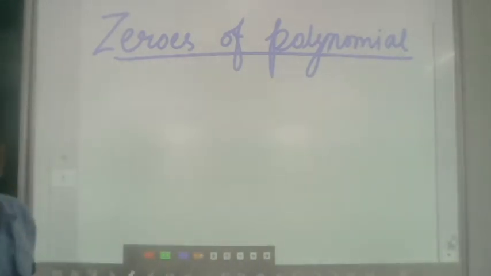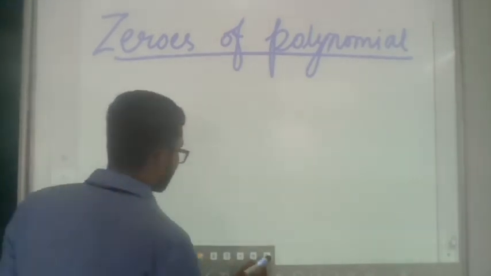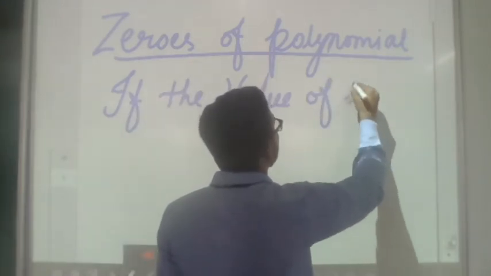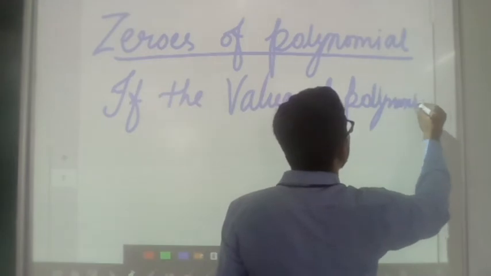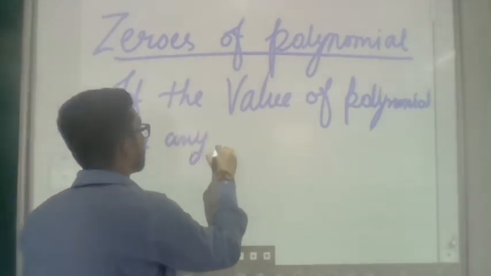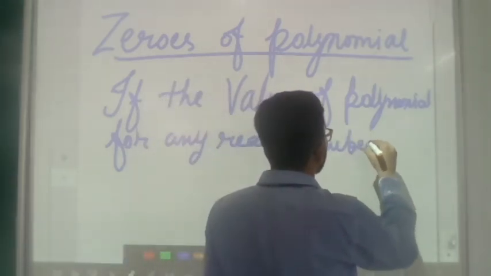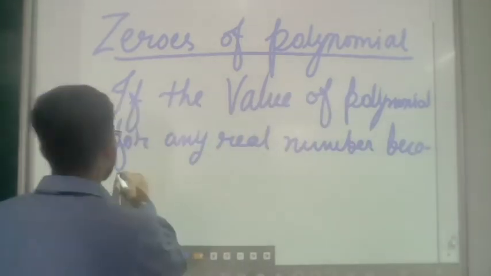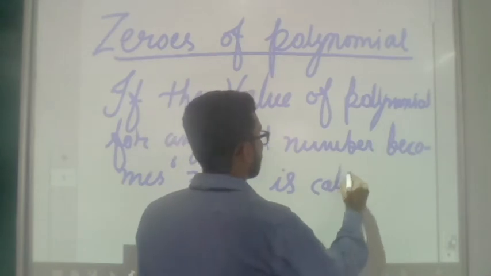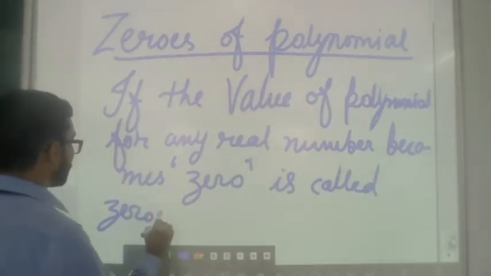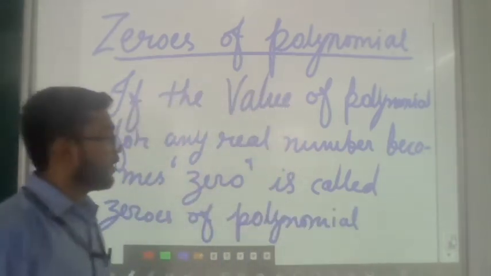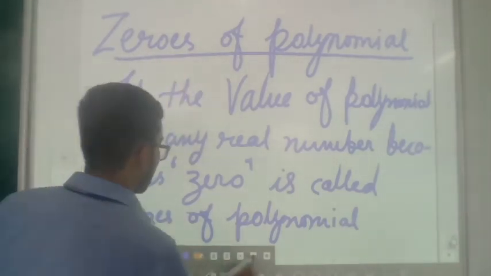If the value of a polynomial for any real number becomes 0, it is called a zero of the polynomial.